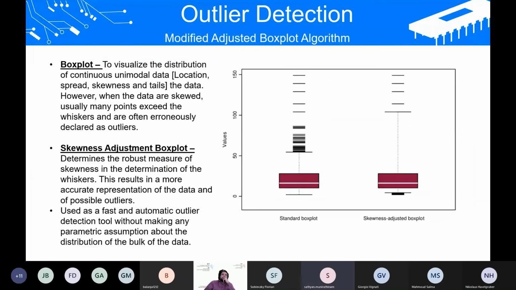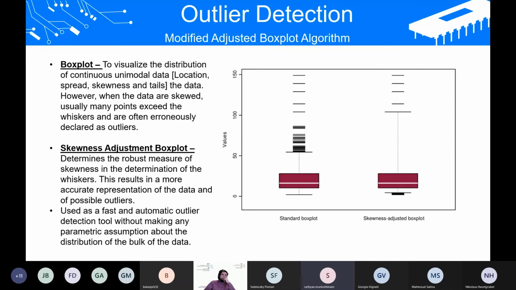The next one we want to talk about is, maybe it's within the limits, or maybe it's progressing, but there are some outliers that we want to detect. Generally the box plot is the standard approach we use for understanding continuous data distribution, right?